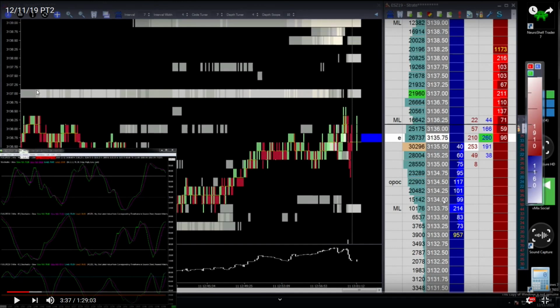Obviously, there's a white long bar. What else can we say about this? Market is very thin. Let's watch the volume.